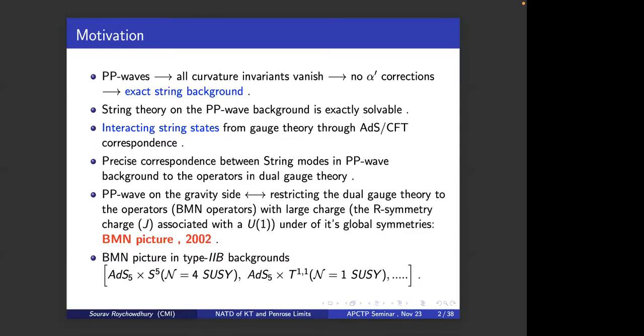These modes have a one-to-one correspondence with certain operators in the dual gauge theory, restricted operators with Delta minus J, the R-symmetry charge minus the U(1) charge in the global symmetry.